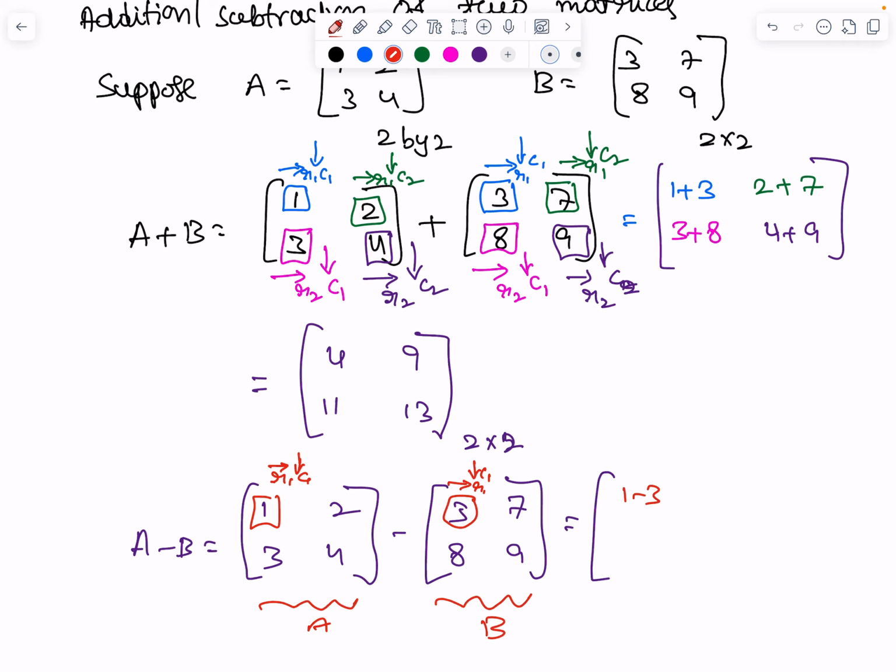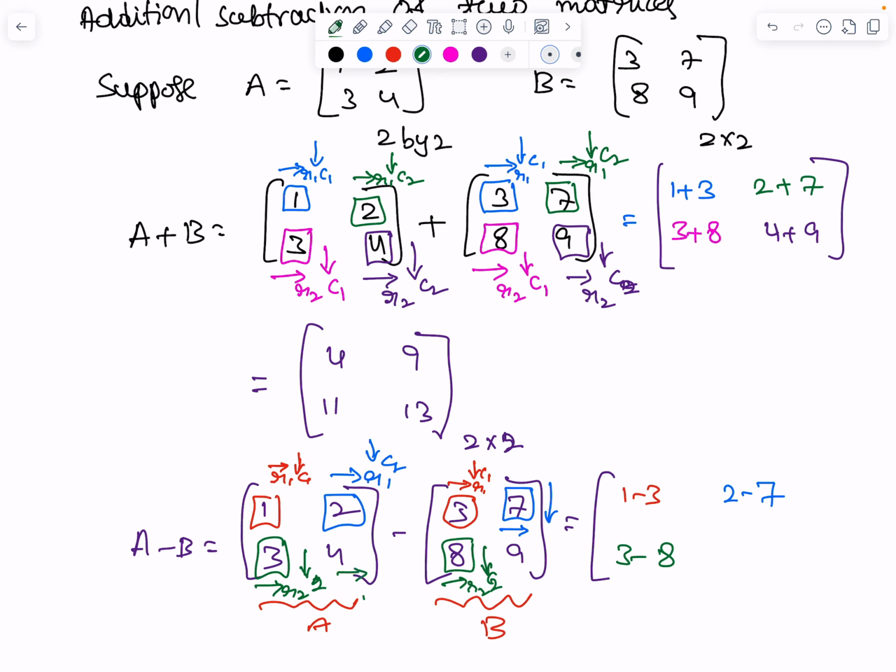Similarly, if you look at this entry, this is row 1 and then C2. The corresponding element in B is row 1 and then C2, so 2 minus 7. Similarly, 3 is in row 2 C1, therefore 3 minus row 2 C1 in the second matrix, 3 minus 8.